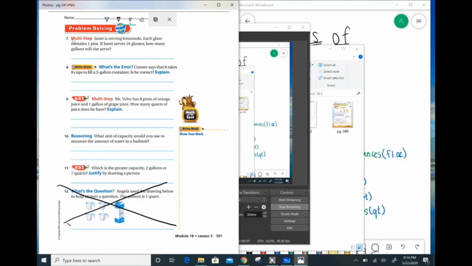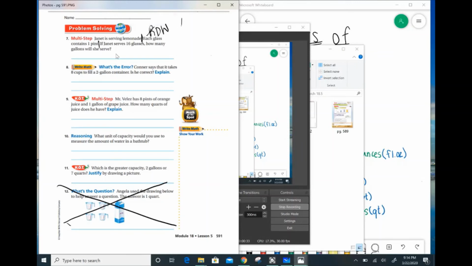Number 7, it's a multi-step. Janet is serving lemonade. Each glass contains 1 pint. If Janet serves 16 glasses, how many gallons will she serve? First of all, I know I'm supposed to do my read, draw, write. I already read it. Now I know Janet is serving lemonade. Each glass contains 1 pint.